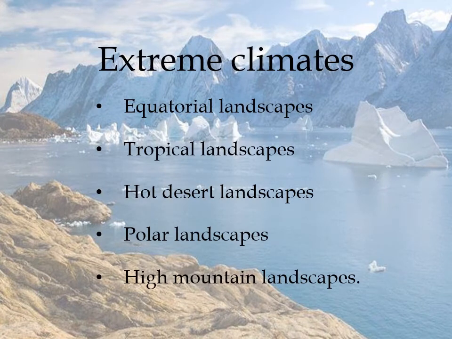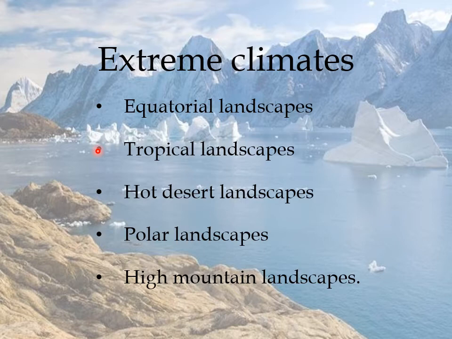We distinguish these five climates, five landscapes inside the extreme climate ones. So the equatorial, which are these ones that are along the equator, very hot and very humid. The tropical, which are these ones close to the equator, but that have a specific characteristic because they aren't directly on the equator, but a little farther, so they are not so humid.